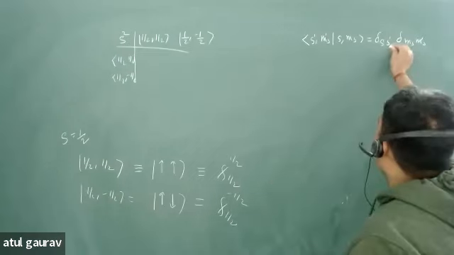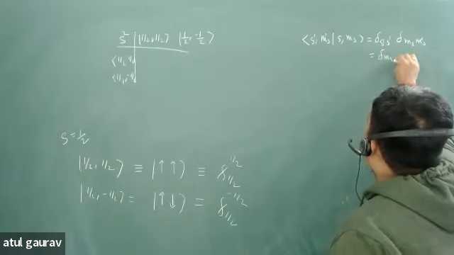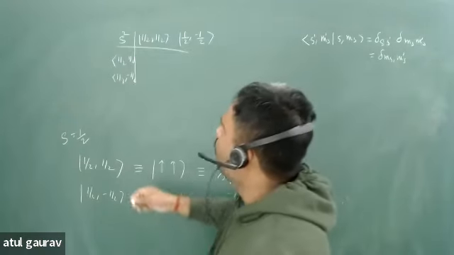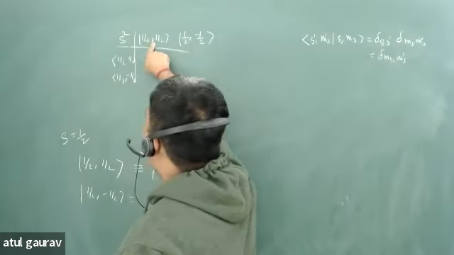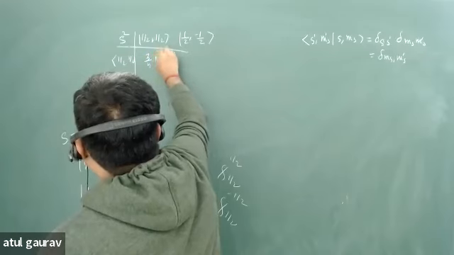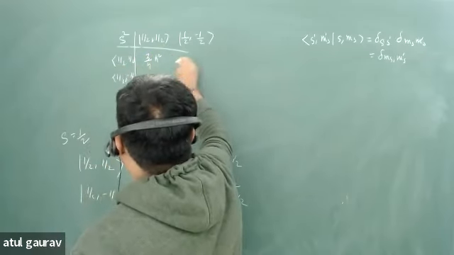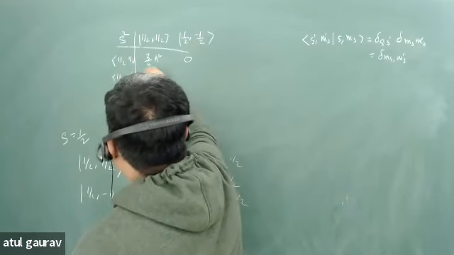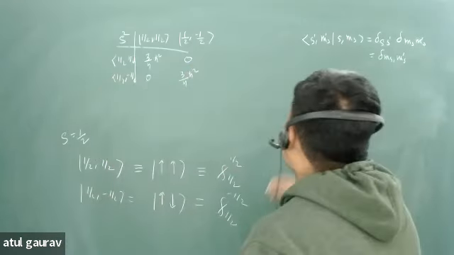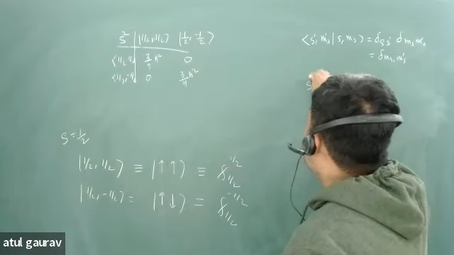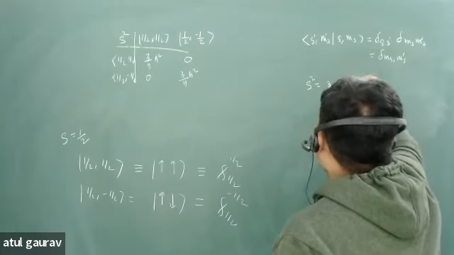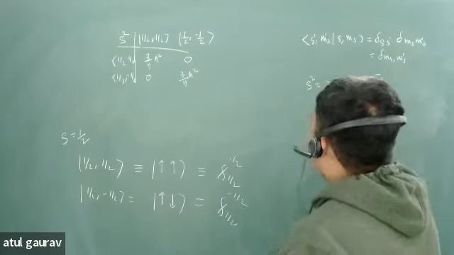So S square will operate on this. What will you get? 3/4 ħ square. So these and these are exactly the same, so this will survive, and all the others will be 0, and this will also survive. So your S square operator is 3/4 ħ square times the matrix 1 0 0 1.